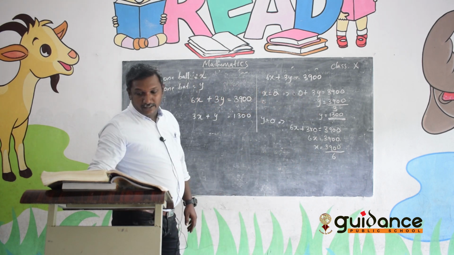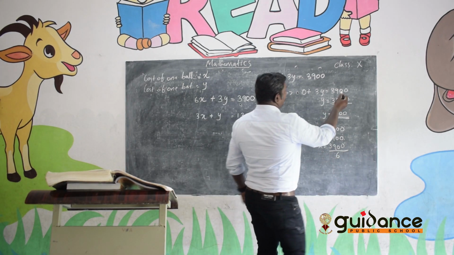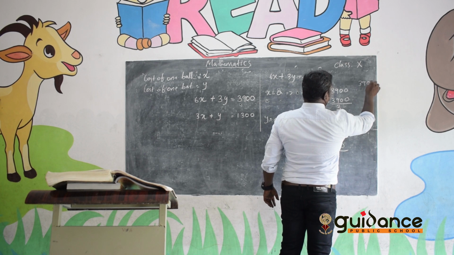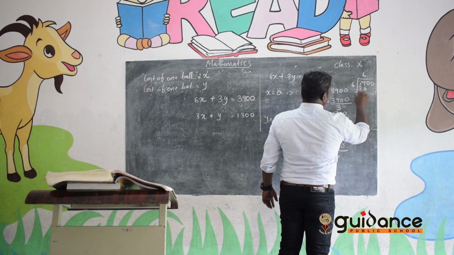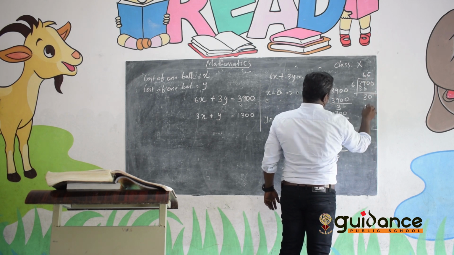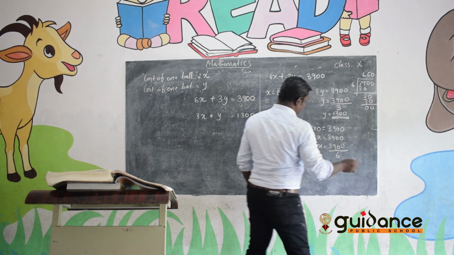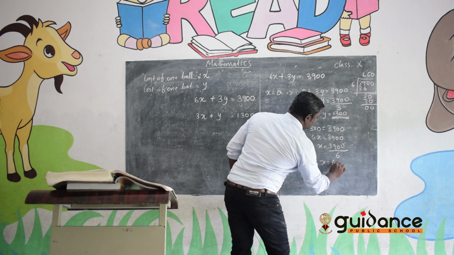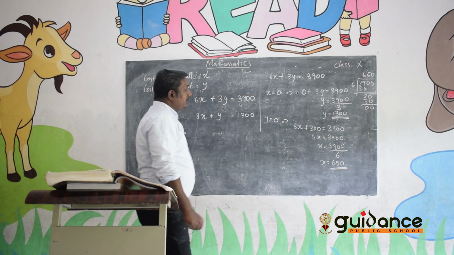Dividing 3,900 by 6 gives 650. Then x equal to 650. Okay, x equal to 650.